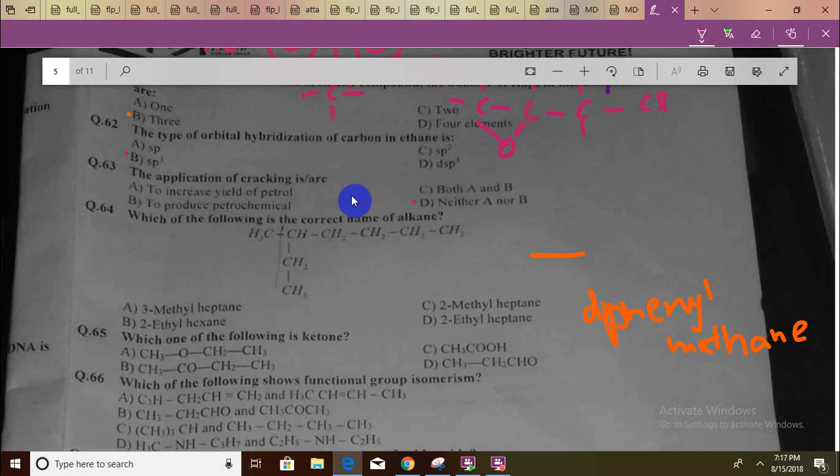And if you look it up, they're telling that the main job of petroleum is to get gasoline, which is only about 20% of the petroleum yield, and the composition of the products depends on the conditions, and catalytic cracking is the one we use to get the best quality gasoline. Thermal cracking and steam cracking is used to get unsaturated hydrocarbons like ethene and propene. So it's neither A nor B.